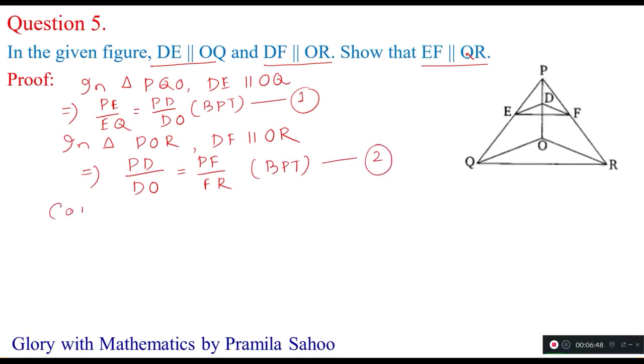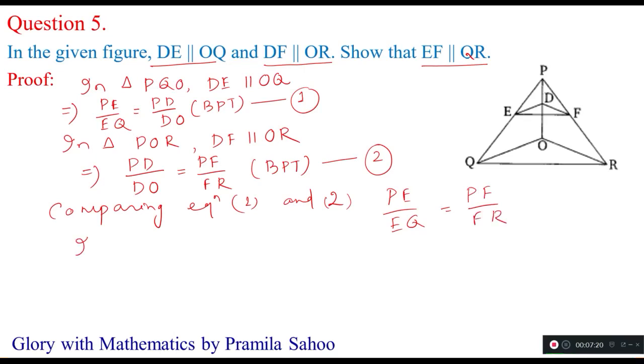Comparing equation 1 and 2, PE by EQ is equal to PD by DO, and PD by DO is equal to PF by FR. So comparing these two equations, we get PE by EQ is equal to PF by FR.